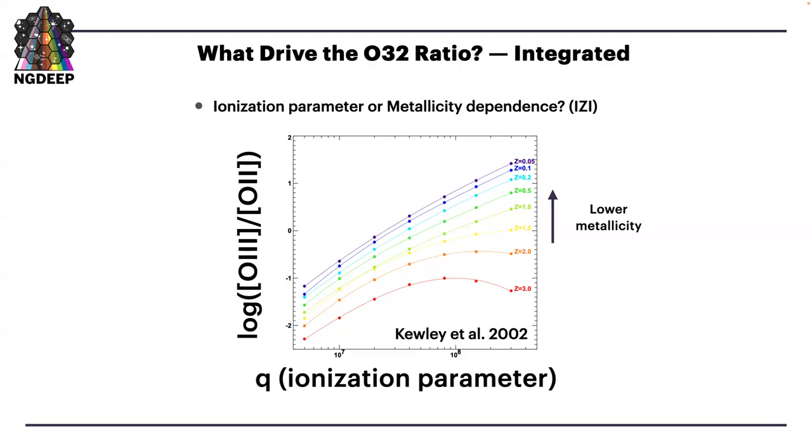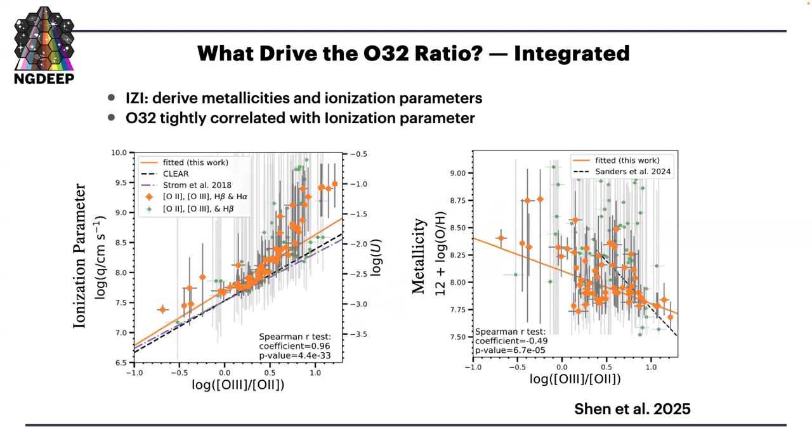So if the O32 ratio depends on the metallicity, then what we see in the mass-O32 ratio relation could be just the mass-metallicity relation. We have known that for a long while.